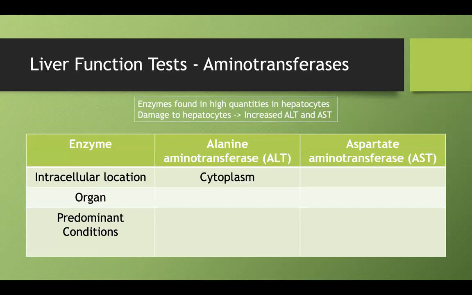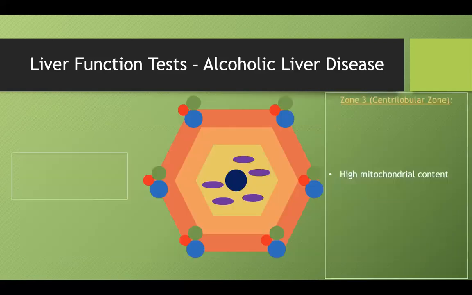So ALT is an enzyme that often exists in the cytoplasm, whereas AST exists more so in the mitochondria. And why this matters is that if we think about a very common mitochondrial toxin, alcohol, that's going to affect AST levels more than ALT levels because it's in a higher concentration in this region.